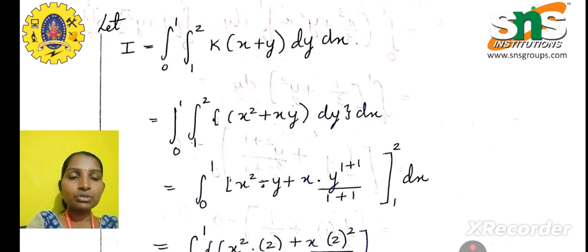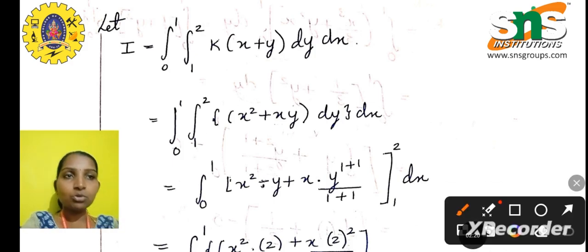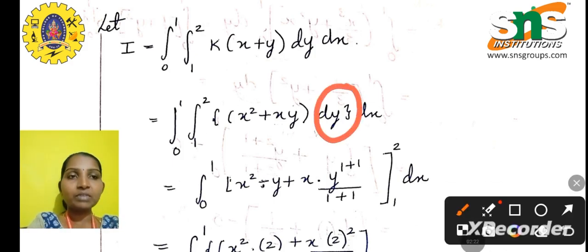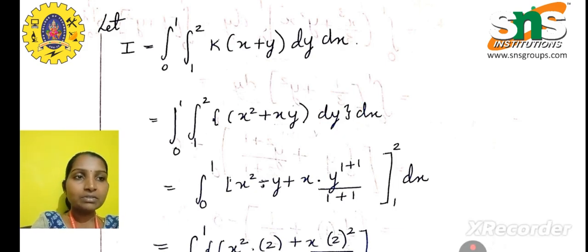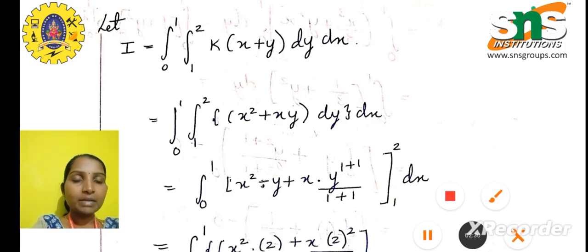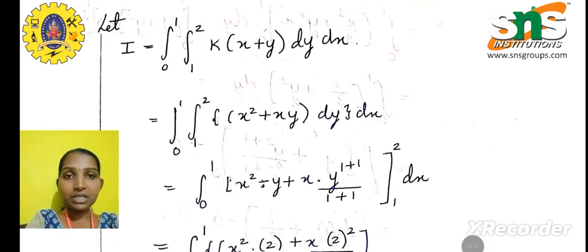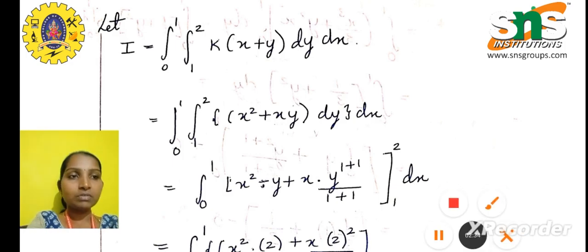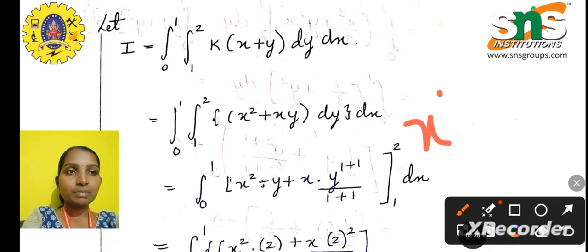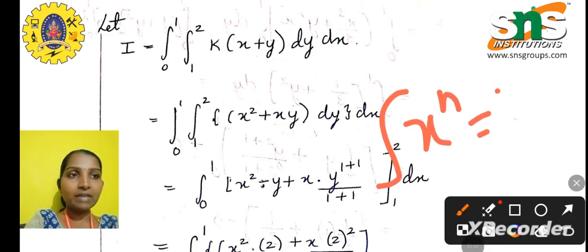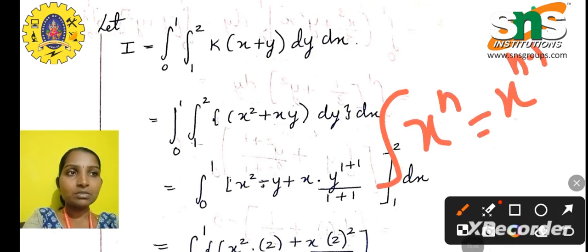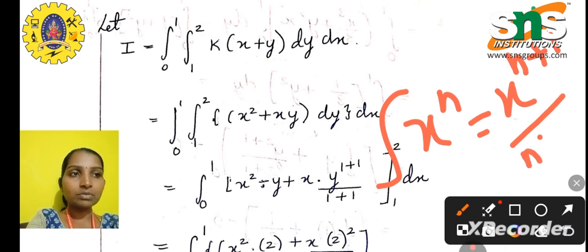Now we are integrating with respect to the variable y. As we know all the simple and minor formulae, we will just integrate using the formula. What is our formula? On integrating x to the power n, you will have x to the power n plus 1 divided by n plus 1. Using this formula, you can integrate it.